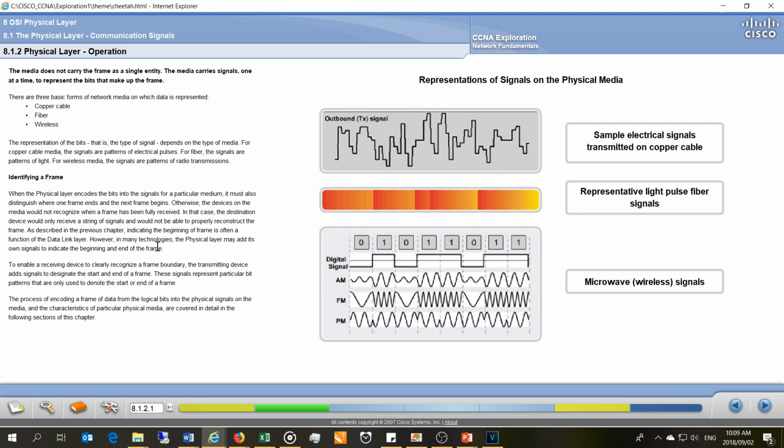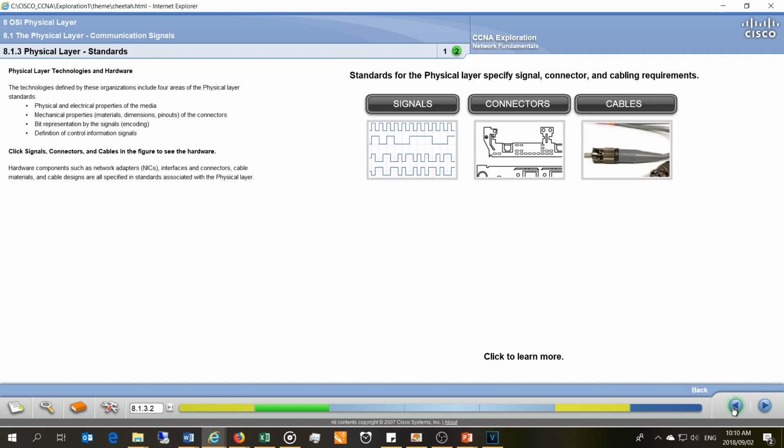Now, the delivery of frames across local media requires the following elements. We need physical media and associated connectors. Think about it. We are trying to connect our nodes, so we need connectors, we need antennas, we need adapters, we need cabling. So these are the physical components.